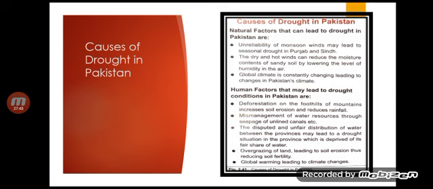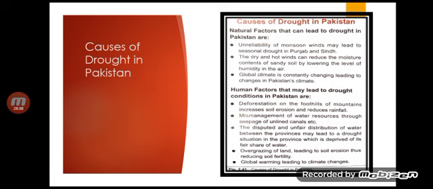There are also human factors. We have destroyed most of our forests, which has resulted in soil erosion, and we have also mismanaged our water resources. We have unfair distribution of water between our provinces. This is also a very important topic. Why?